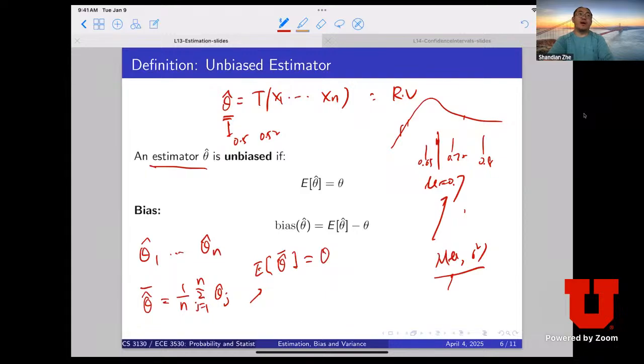Yeah, it's still the parameter theta. Why? Because if you take the expectation over this, remember the linearity of expectation, you just apply the expectation over every theta hat i, which is also the parameter. You just average a set of the same values, so it'll be theta.